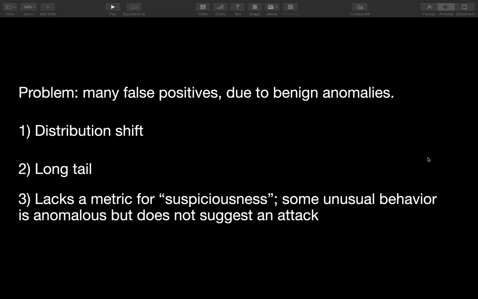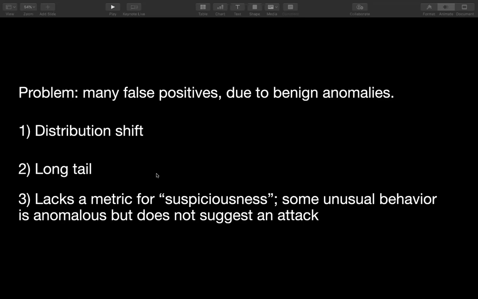Okay, and that's kind of obvious in retrospect when you look at how the anomaly detector is trained on only benign data, historical benign data, but it's not trained on any malicious data. So it has no conception of which aspects of an event might make an analyst look at that and say, whoa, that really looks like something an attacker might do.